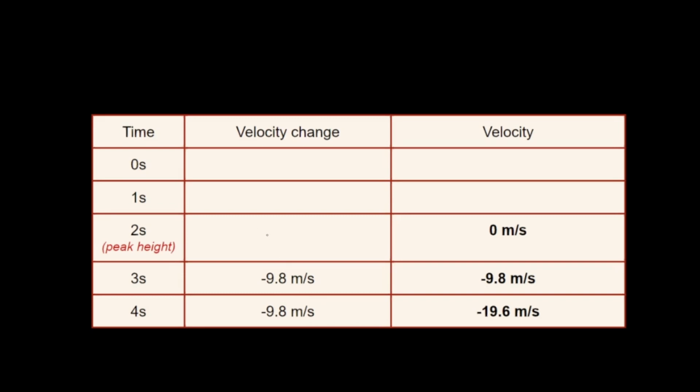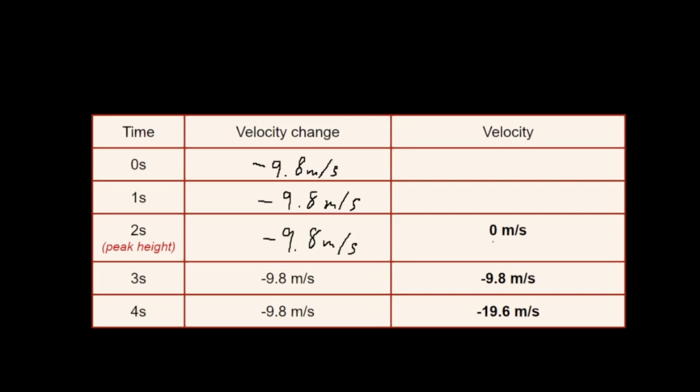If you follow that philosophy, it's like that for every single one, because that's the only acceleration we have. So we know the velocity will change by negative 9.8 for every single second.